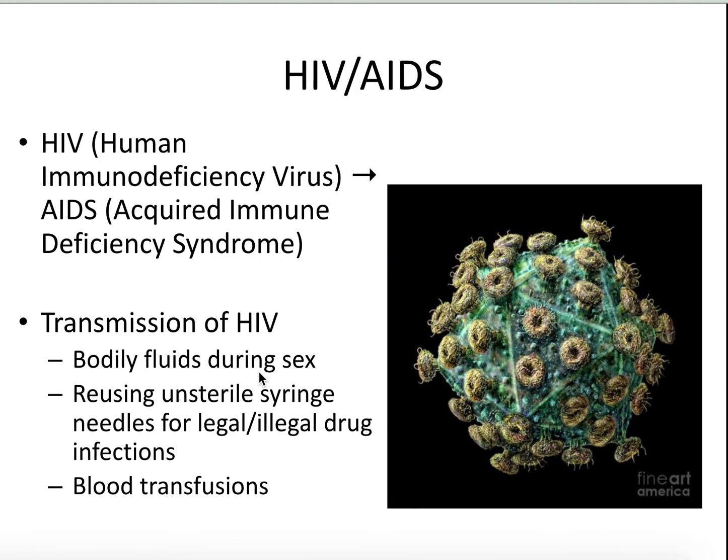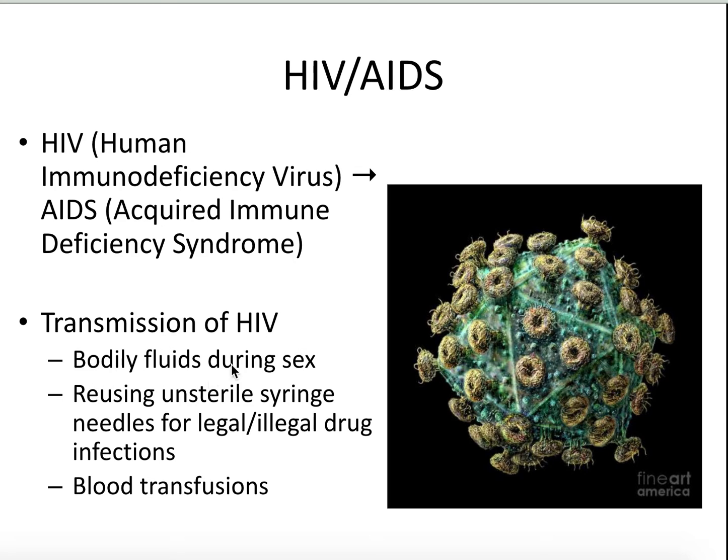Okay, our last part we need to talk about is HIV and AIDS. HIV stands for human immunodeficiency virus, and AIDS stands for acquired immune deficiency syndrome. Usually someone starts with HIV and it moves towards AIDS by the end of its cycle. So how does one get HIV?